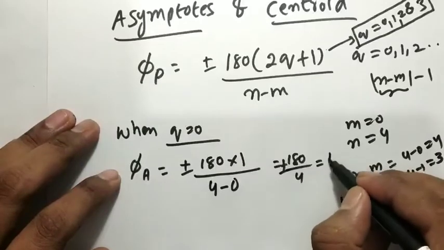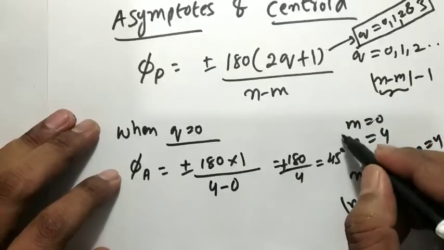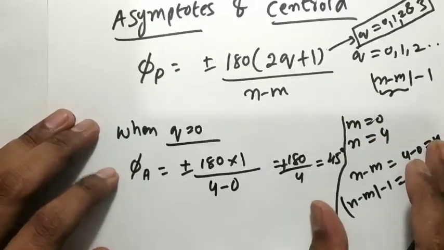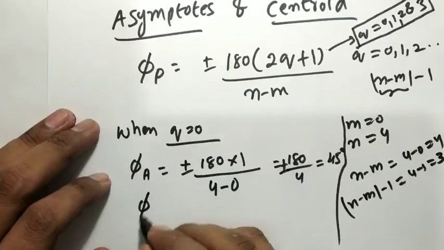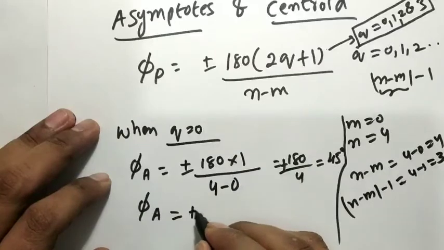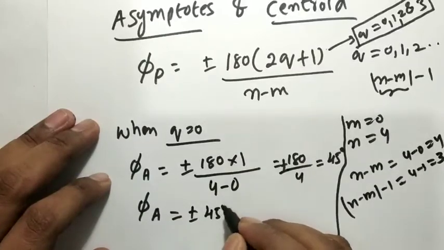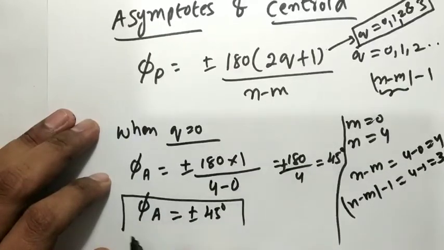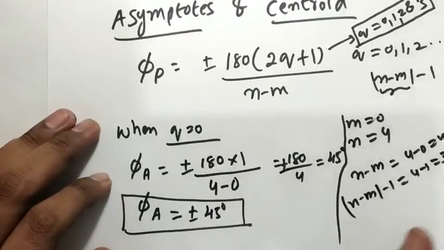This becomes 45 degrees. So the angle of asymptote when q is equal to 0 is plus or minus 45 degrees.